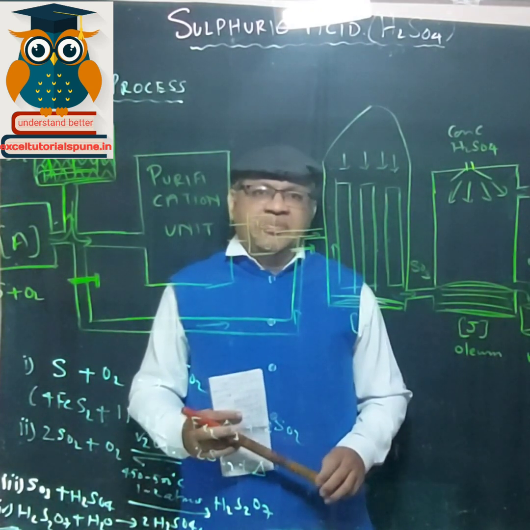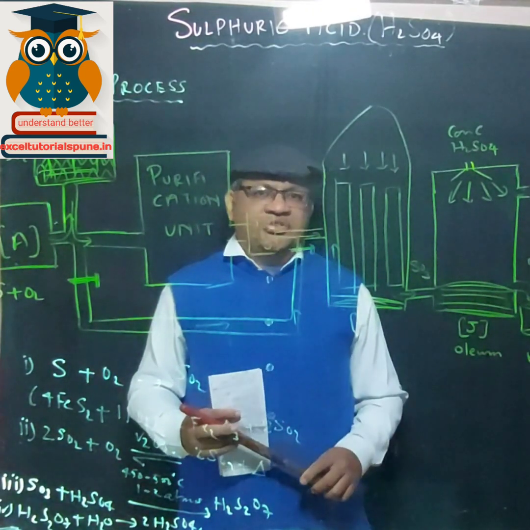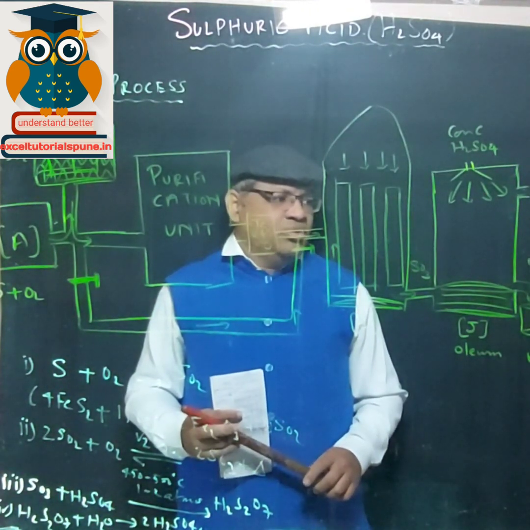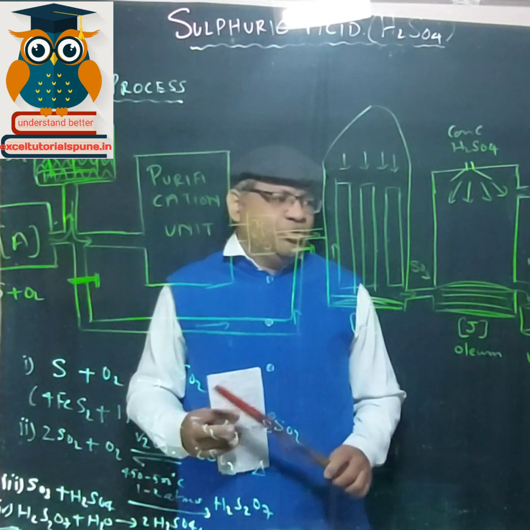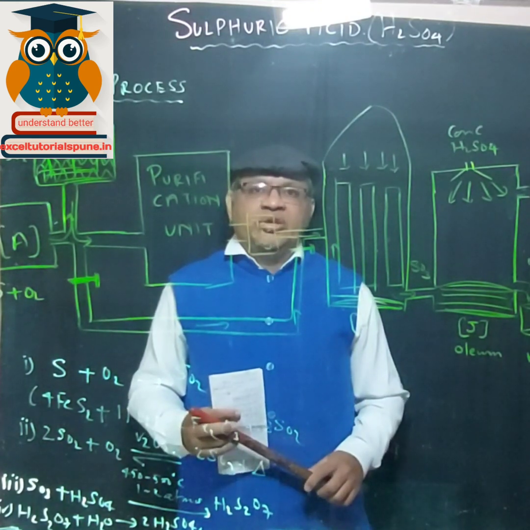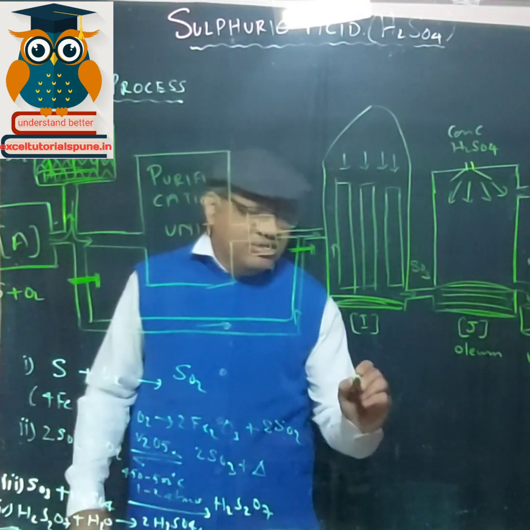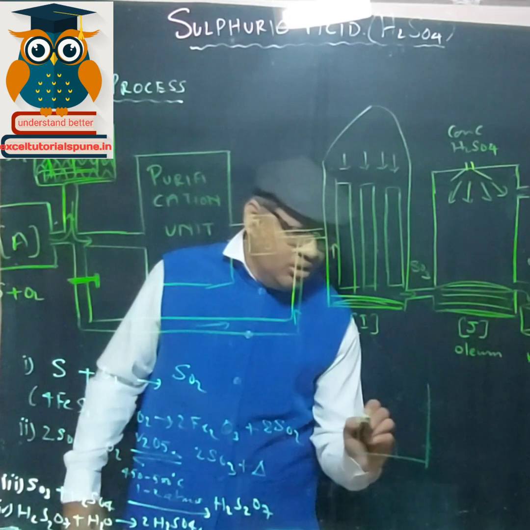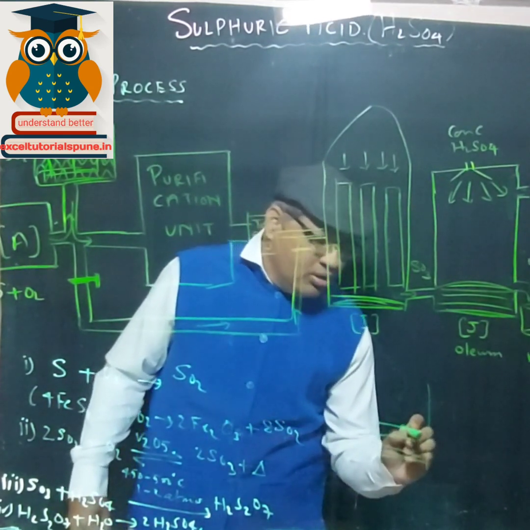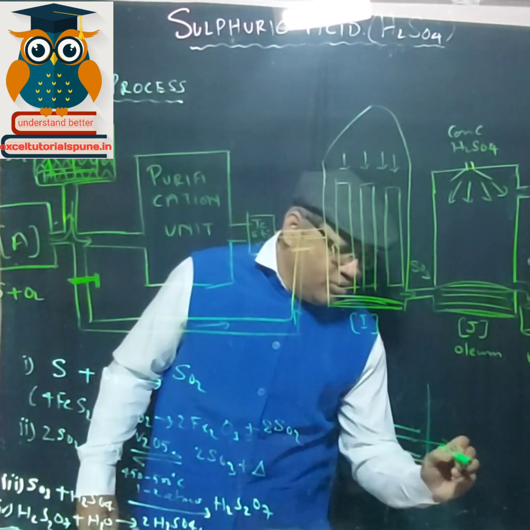Now this is concentrated sulfuric acid which you have. If you want dilute sulfuric acid, you have to add sulfuric acid over water, not water over sulfuric acid. See, here you have a vessel in which you have H2SO4.